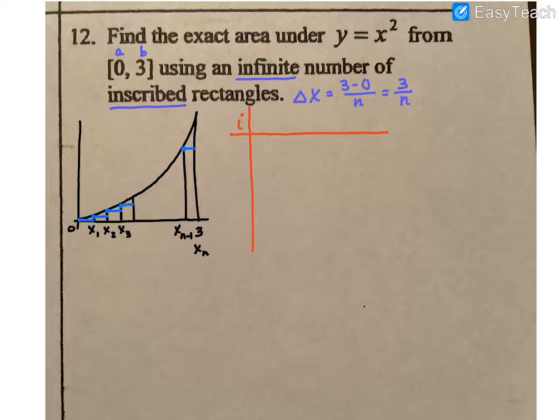I had a dot here at x sub 0, x sub 1, 2, 3, up until, in this case, my last dot was n minus 1. So my i values are 0, 1, 2, 3, and so on and so forth, and then I'm going to go to n minus 1. If I had to use rectangles going from the right, then remember this last value might be n instead of n minus 1.